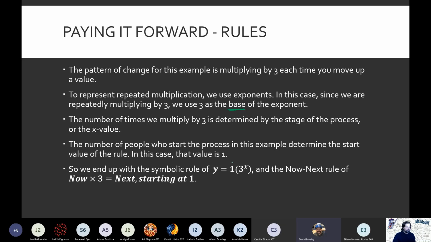So we have it in its pieces here. That's our start value. This is the base, which we've put in as our rate of change.